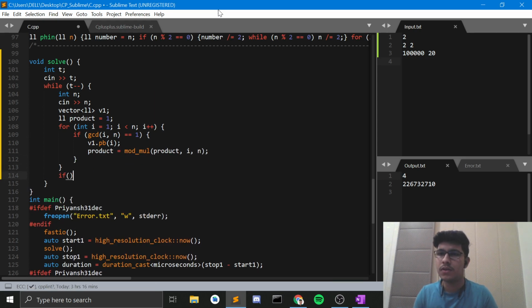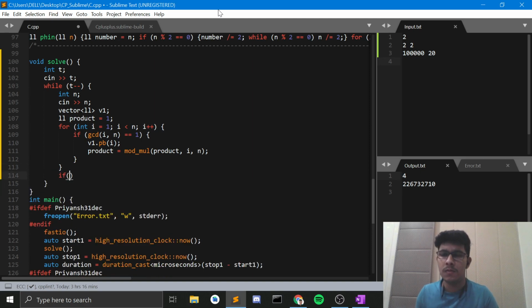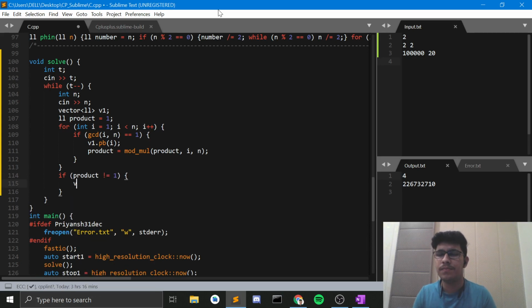Okay, so if the product equals 1, then I just print all these numbers. If it is not equal to 1, then I remove the last one.